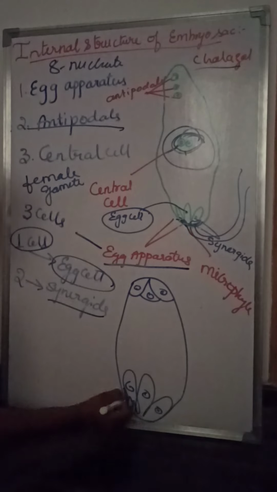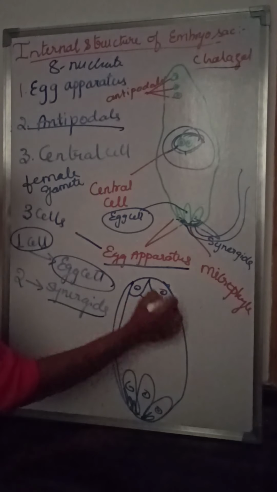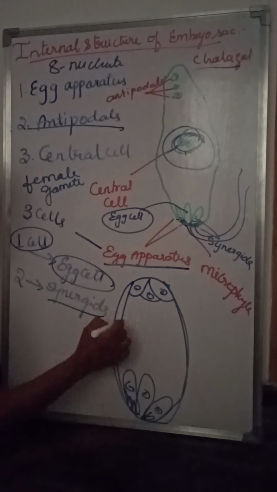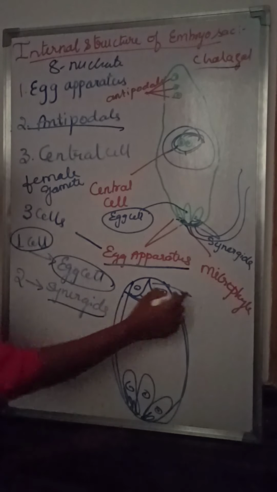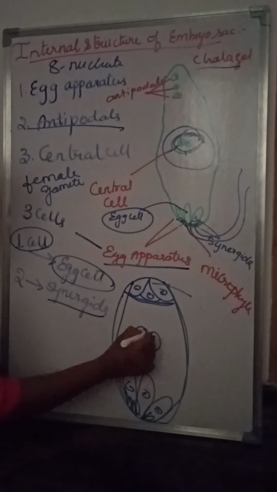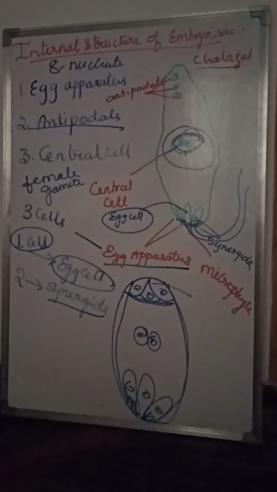There is a thickening called the filiform apparatus, which helps the pollen tube enter, where the pollen tube carries the pollen grains. Understood? These are the antipodals. This is the central cell. This is the mature embryo sac.